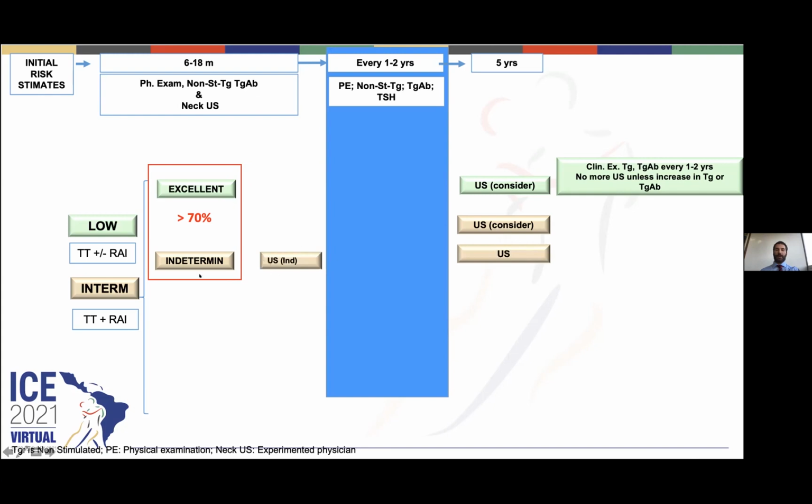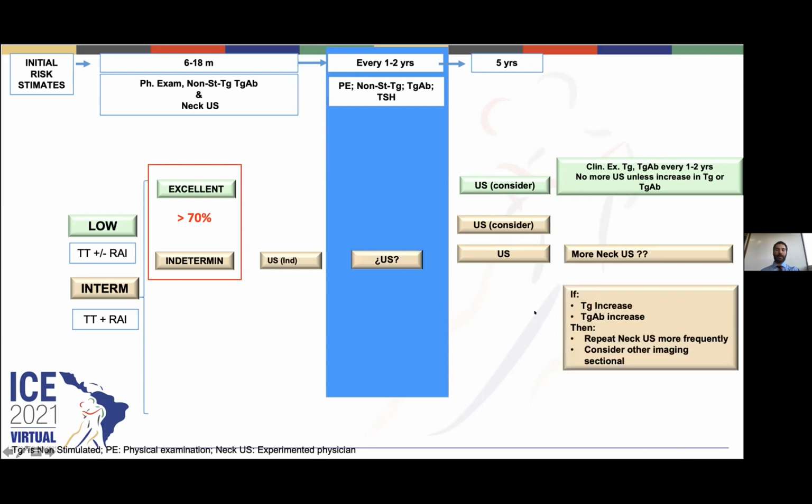But if the patients are called indeterminate responders because they have some indeterminate findings in the neck ultrasound, in this case, of course, we have to perform an ultrasound no later than 5 years, and probably we can also consider making an ultrasound before the 5 years. More neck ultrasound after 5 years is not clear if we have to perform in these indeterminate responder patients.